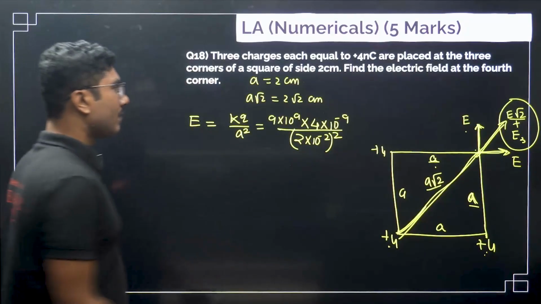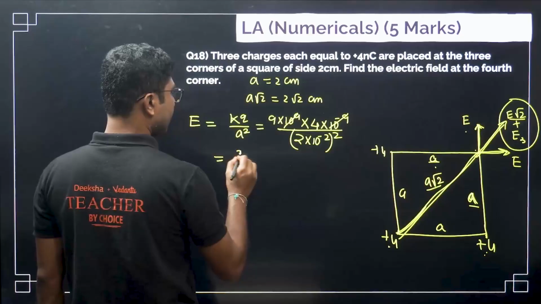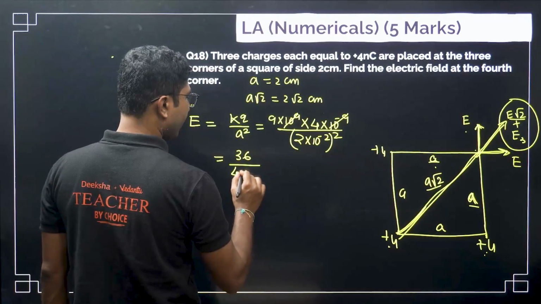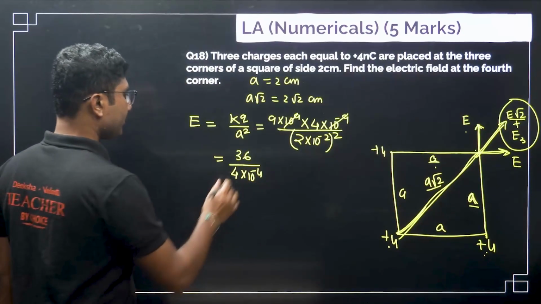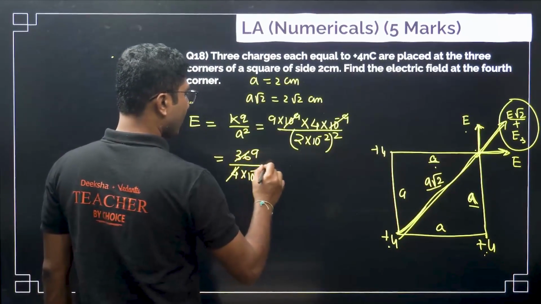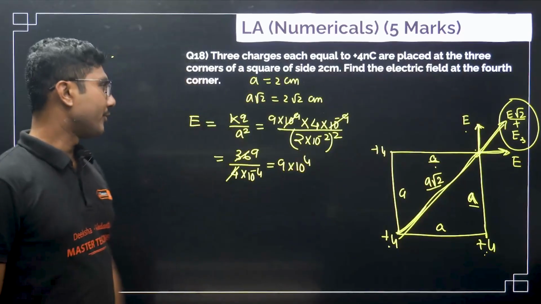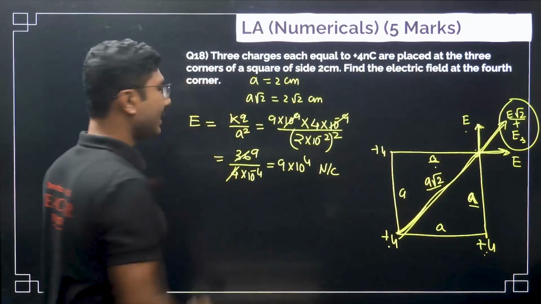This is the formula for electric field. So it will be 36 divided by 4 into 10 to the power of minus 4, so it will be 9 into 10 to the power of 4 Newton per Coulomb. So this is electric field E.